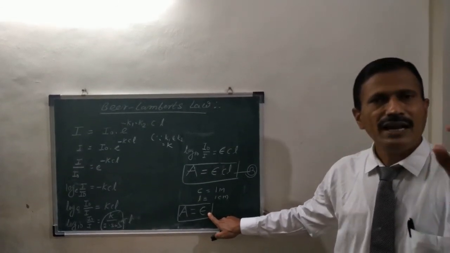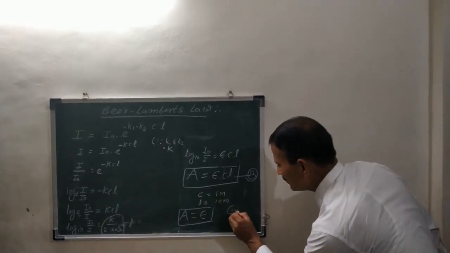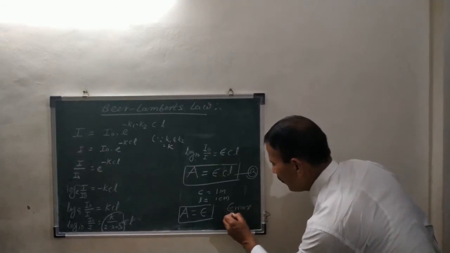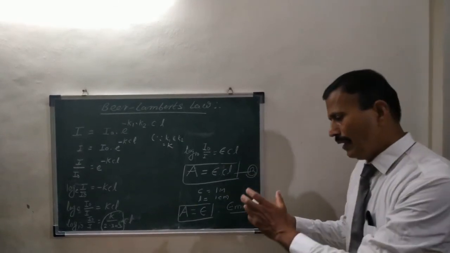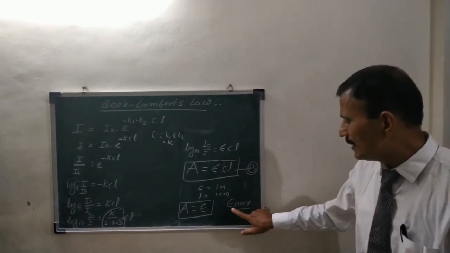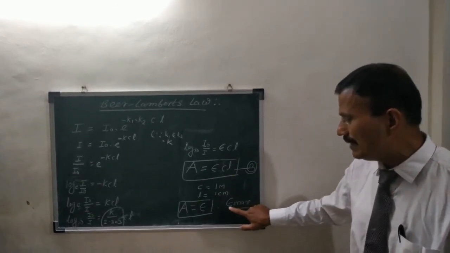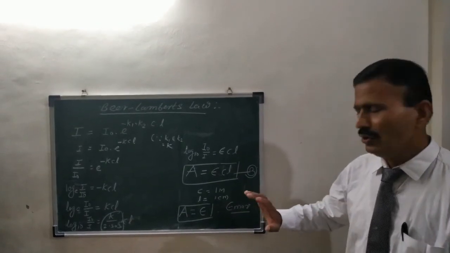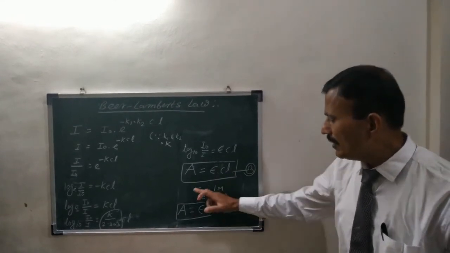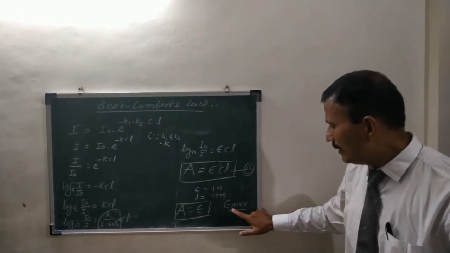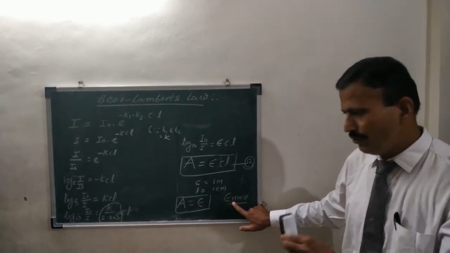Where it is measured at the maximum wavelength, we call it epsilon max. Epsilon max indicates the intensity of absorption for this solution, which is a very common term in UV-visible spectroscopy, along with lambda max. So when lambda max is selected and we measure the absorptivity, it gives information regarding epsilon, the molar extinction coefficient.